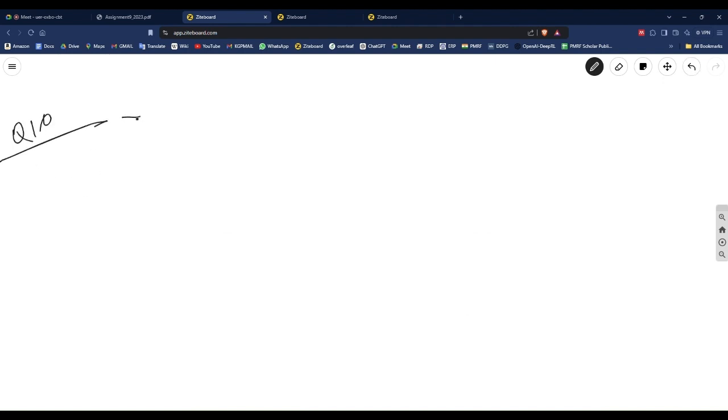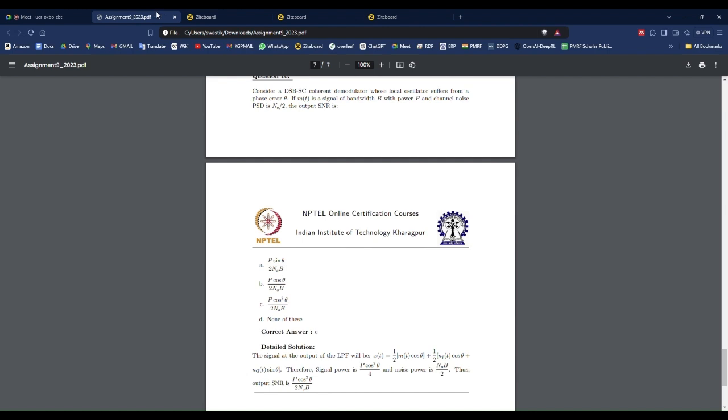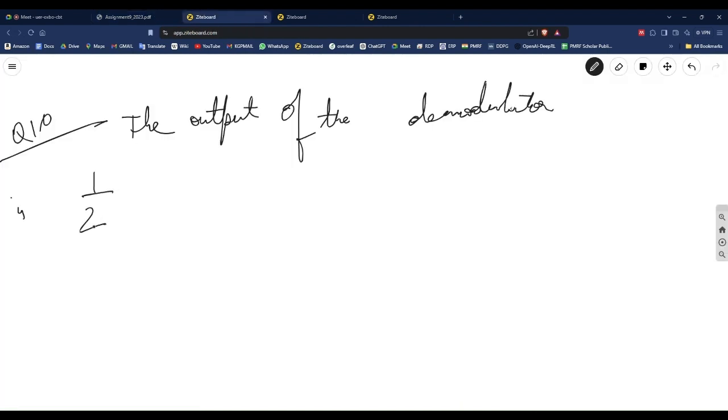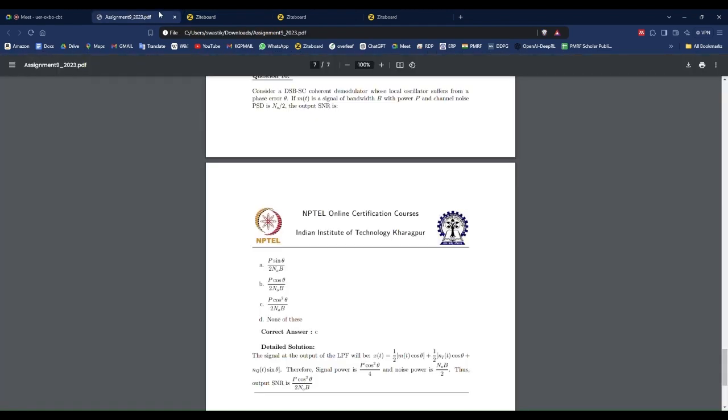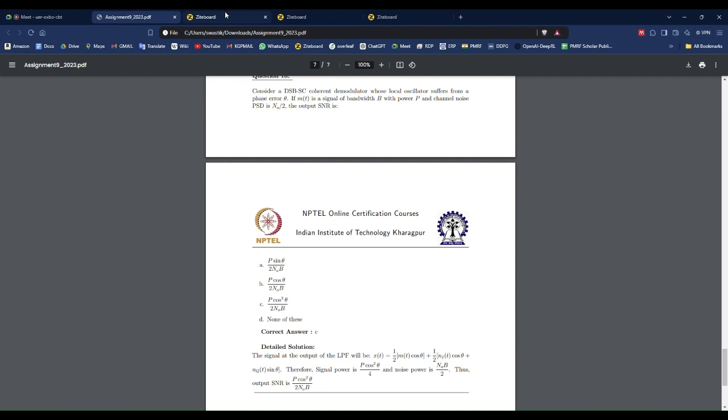The output of the demodulator is half A_c into 1 plus half m(t) cos theta, plus half Ni cos theta plus Nq sin theta.